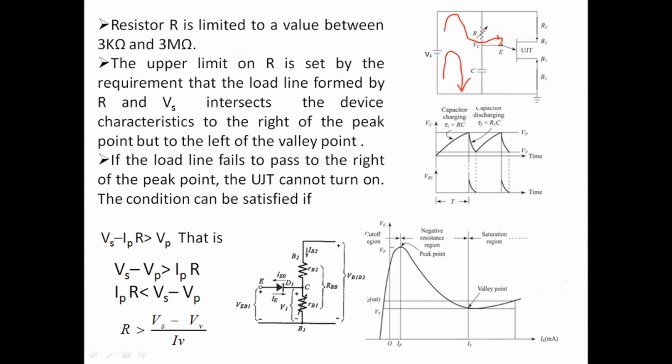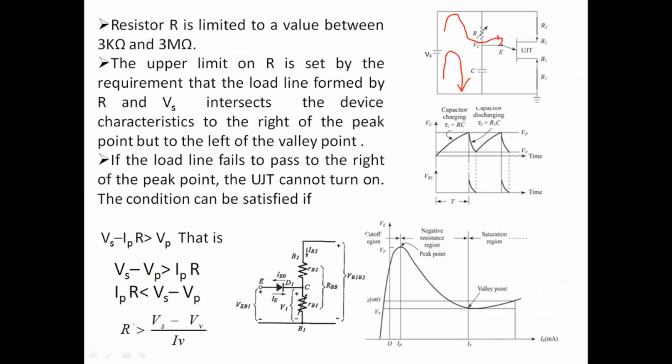That's the reason the current through that resistor I will consider as I peak. So Vs minus I peak into R should be greater than V peak, and if I rearrange this, Vs minus Vp should be more than Ip into R. Ip into R should be less than Vs minus V peak.